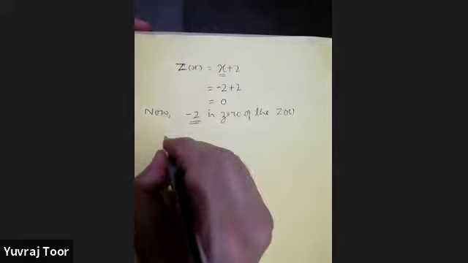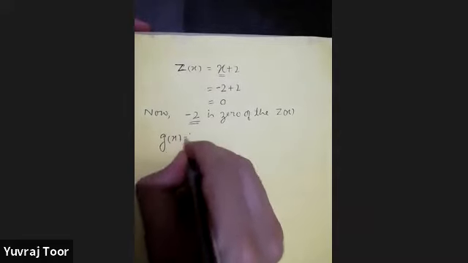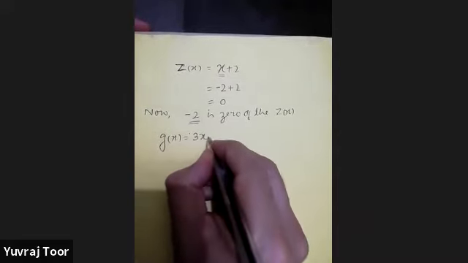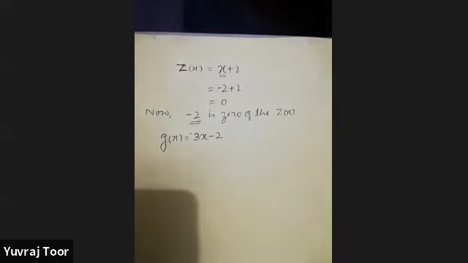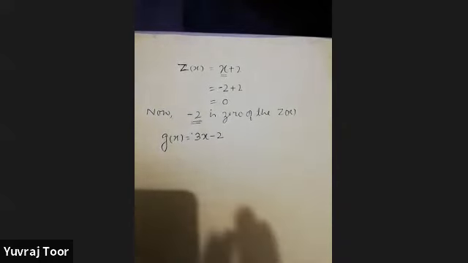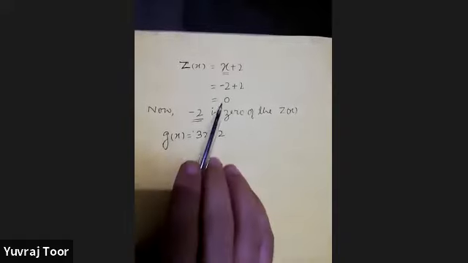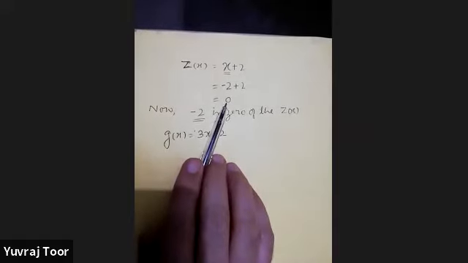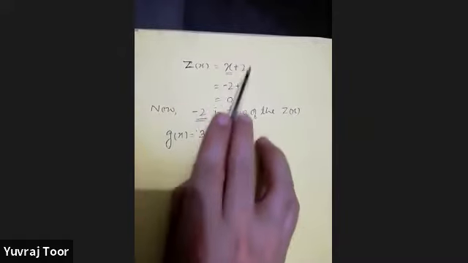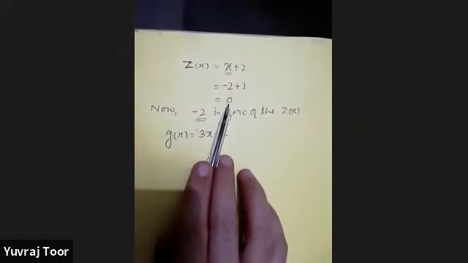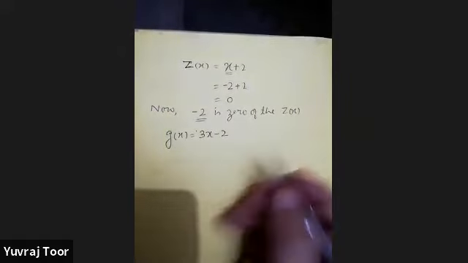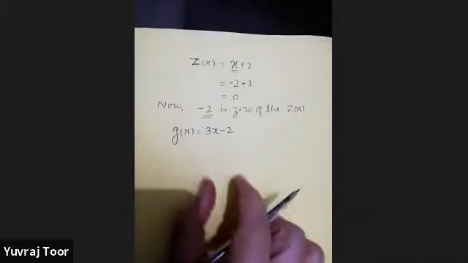We have another polynomial, say g of x, 3x minus 2. It was easy to find in the previous example. So let us see, we're looking for something which is bringing the value of the polynomial to 0. Let's make a method to find that value.